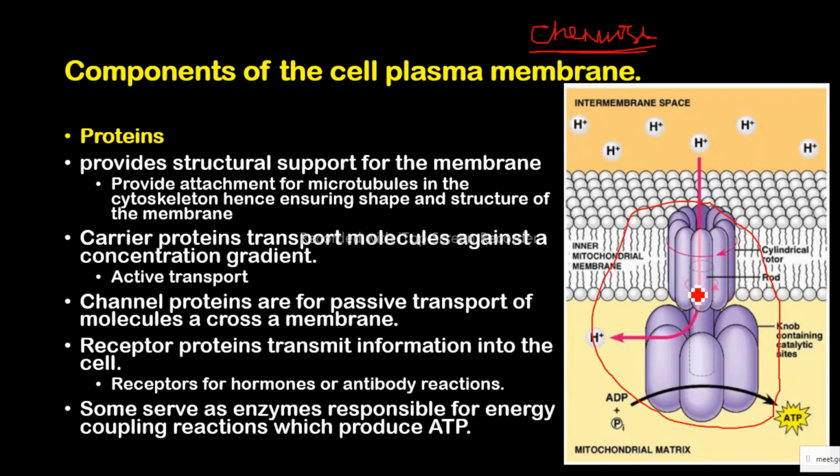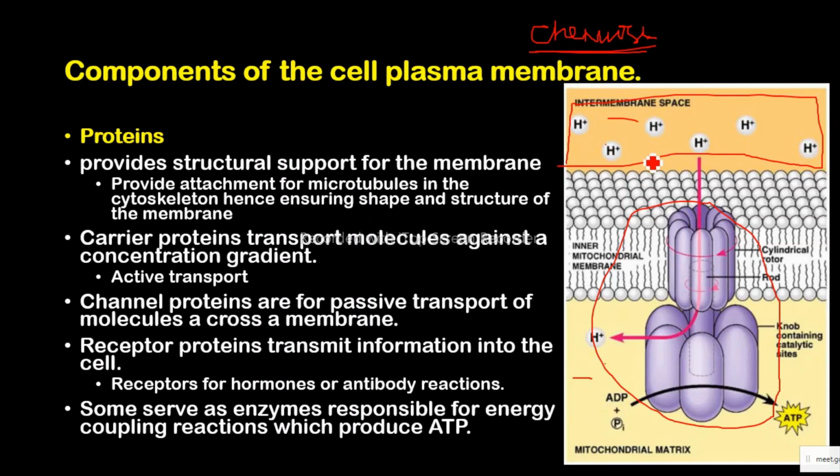How? It uses an electrochemical gradient that is produced by the difference in hydrogen ions between the intermembrane space and the matrix of the mitochondria. We shall study this as far as respiration is concerned.